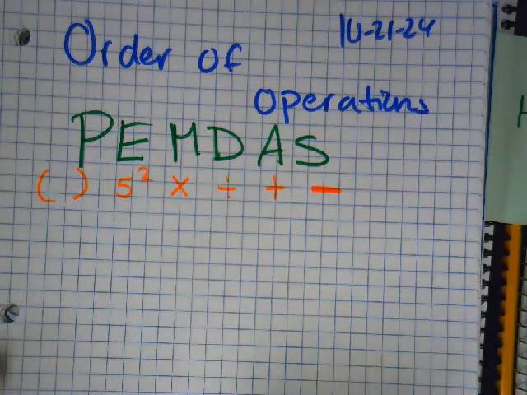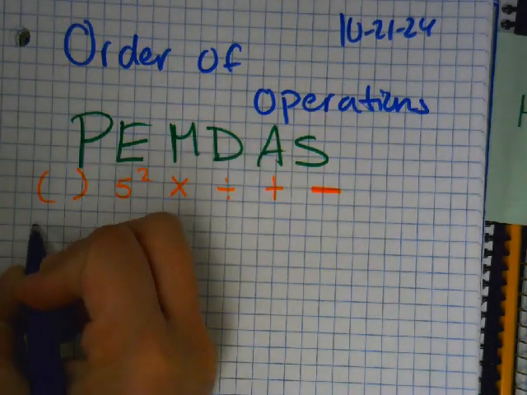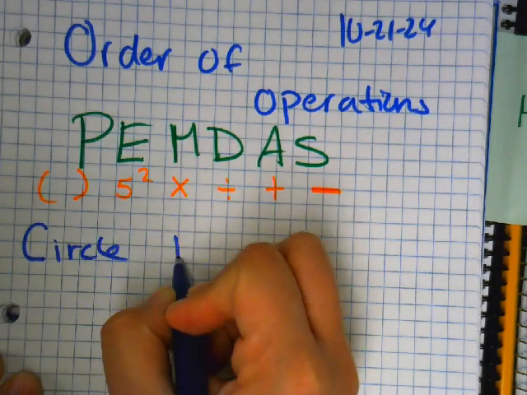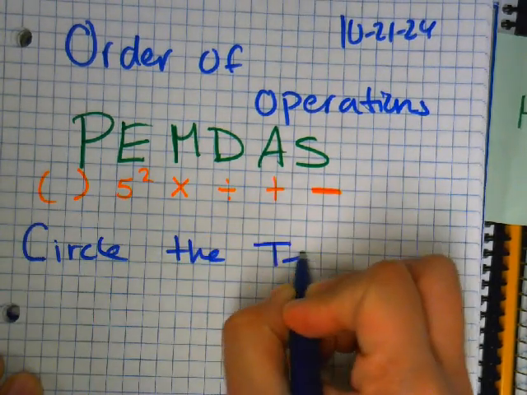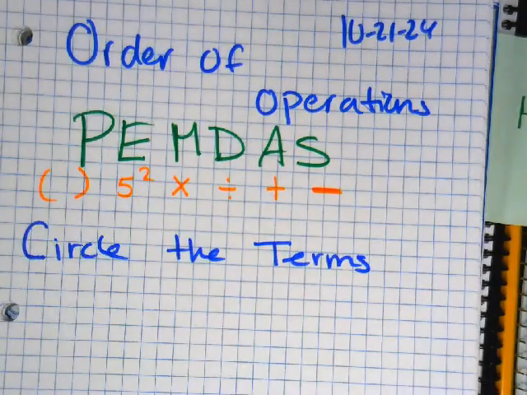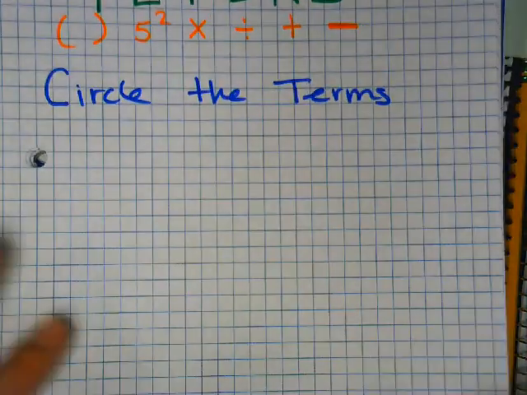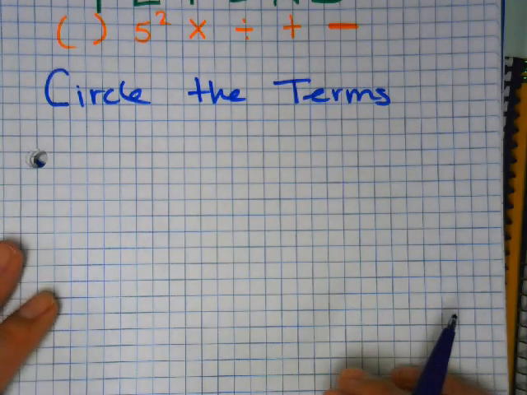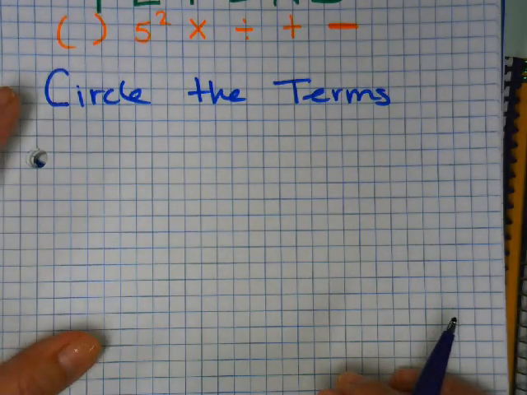All right, to prepare you for later on, in 7th grade, we do PEMDAS, and what we do is we circle the terms, which is basically PEMDAS, but we prepare you for algebra when you have to determine how many terms there are. So what we like to say is circle the terms.